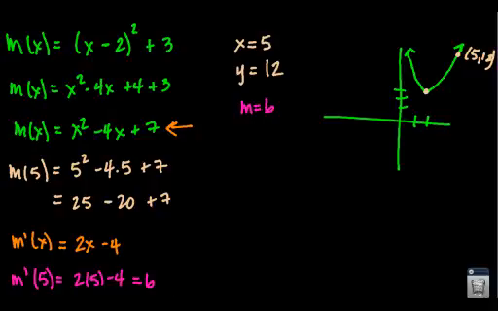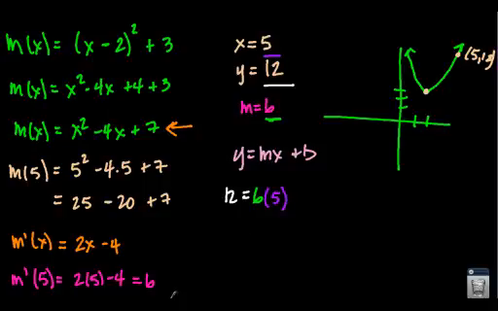Now we're going to plug values into our equation. Everywhere I see y, I put in 12. Everywhere I see my slope, m, I put in 6. Everywhere I see x, I put in 5. And the value I don't know is b, so that's what we're going to solve for. So I end up with 12 equals 30 plus b. Subtract 30 from both sides, and I end up with negative 18 equals b.